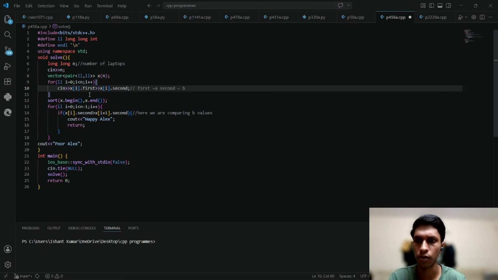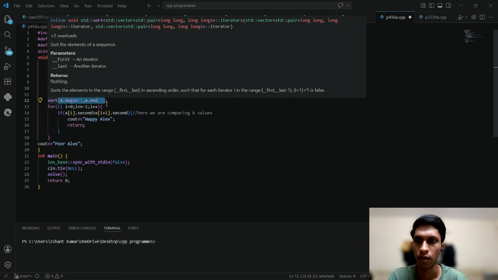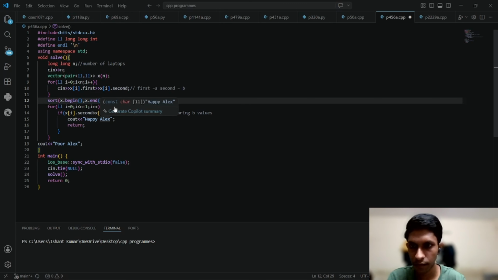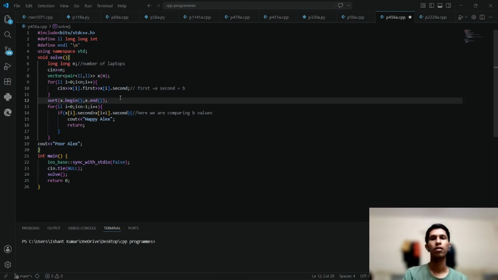So after taking all the inputs, we are going to sort the array. Since we have already discussed that after sorting, we do not have to compare the price of the laptops, since it will be sorted in ascending order from minimum to maximum. The only constraint that we have to compare is the quality of the laptop.